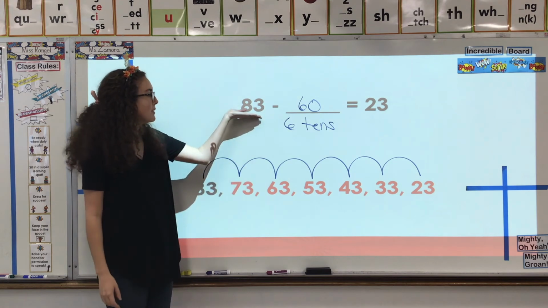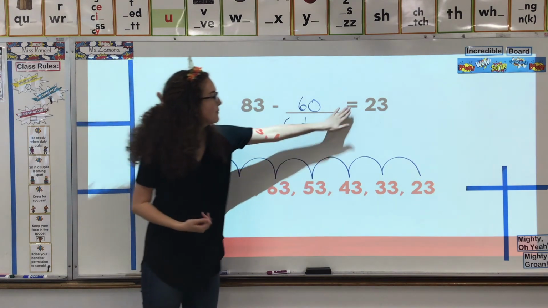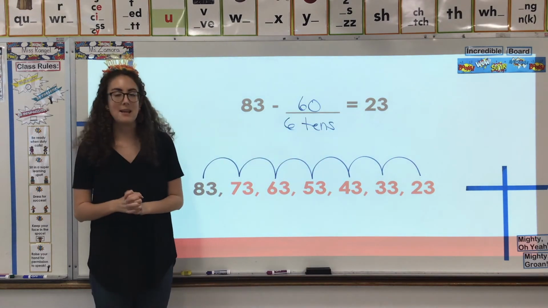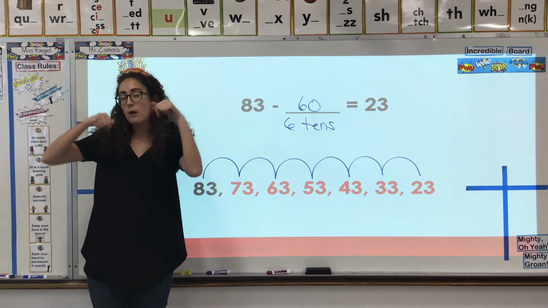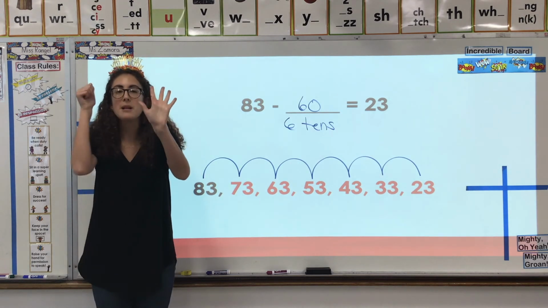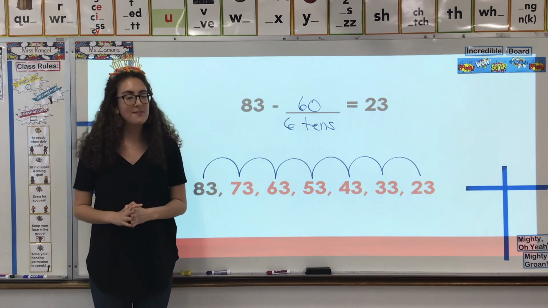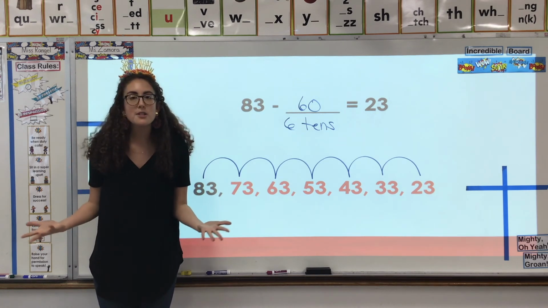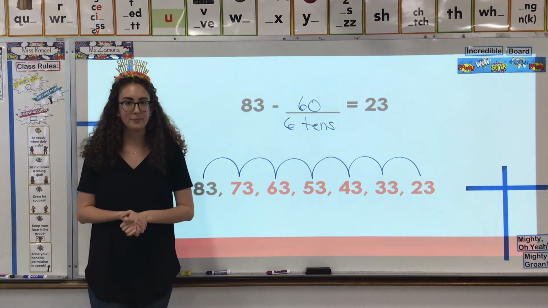We know that when we start with 83 and we just take away 6 tens, we'll end up with 23. And we solve that by skip counting down for subtraction and keeping track on our awesome fingers. So with your place value skills, you're able to solve so many equations with those multiples of 10.